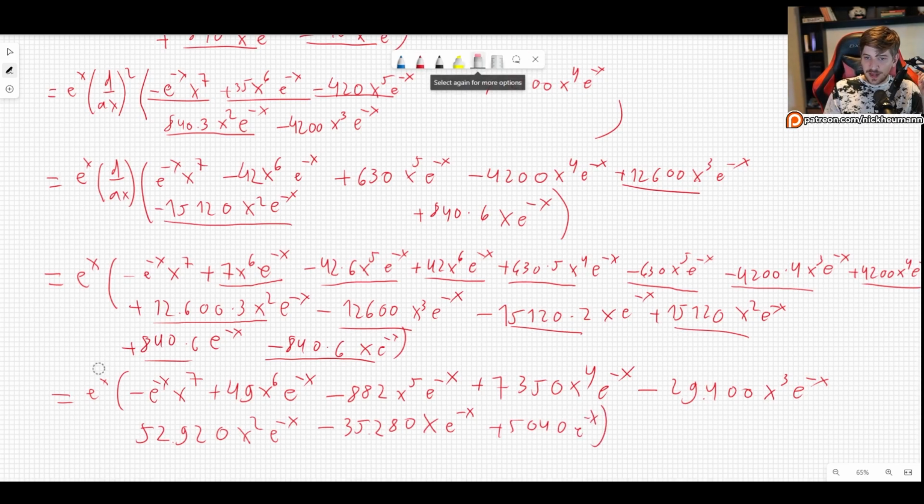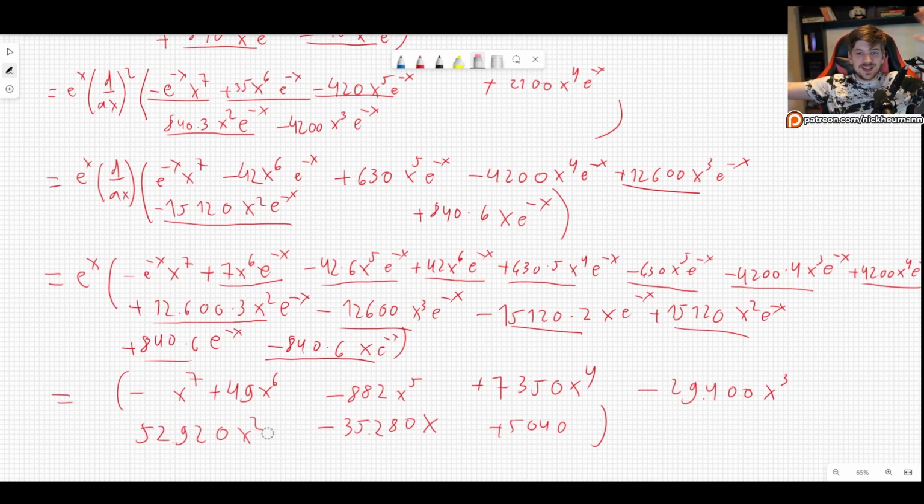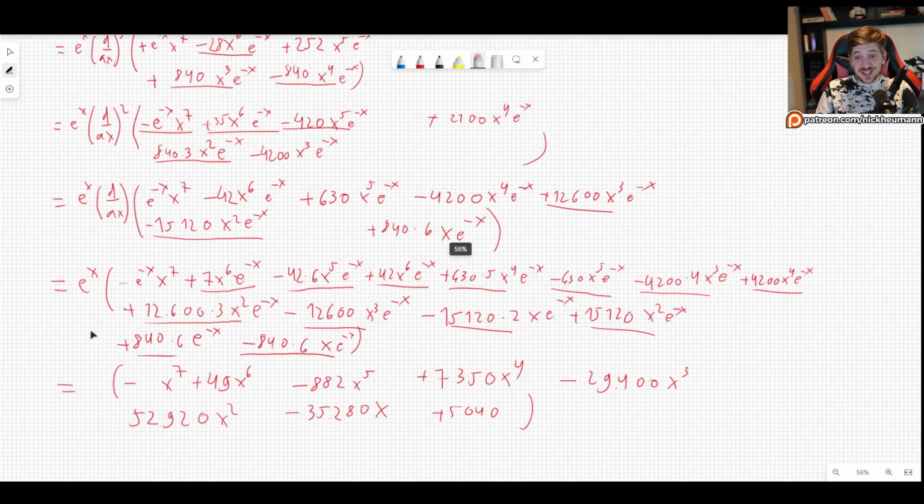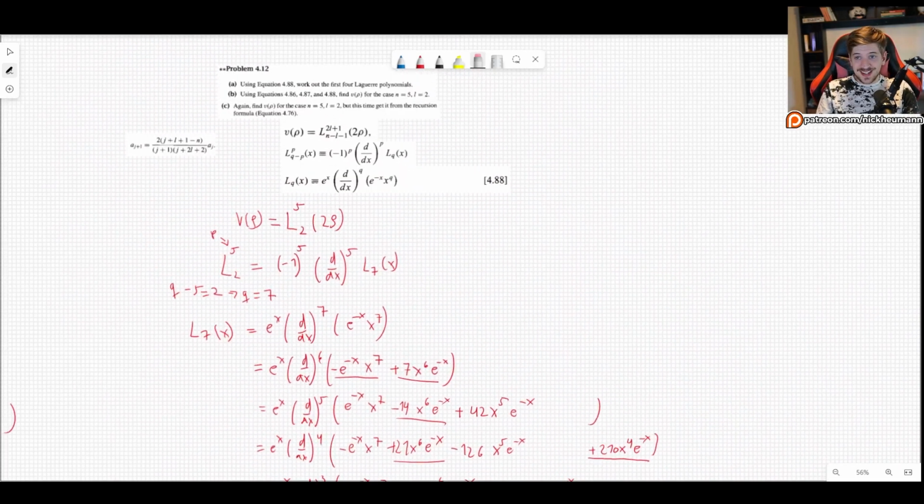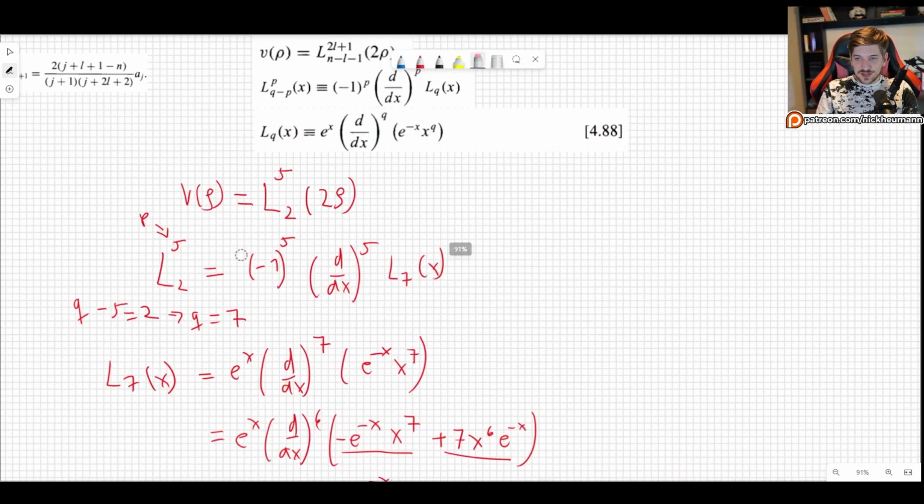But now let's multiply through, so we get rid of every single e to the minus x. And there you go. This is L7. So this is our starting point here. So now what we want to do is plug it into this formula, right?